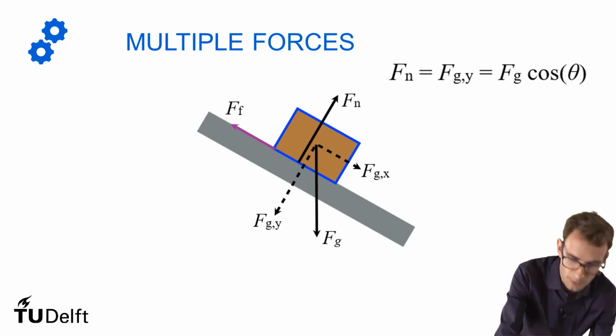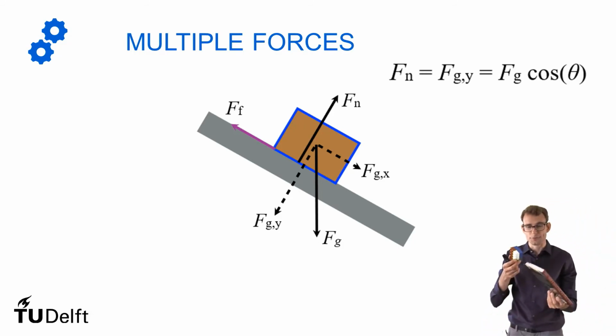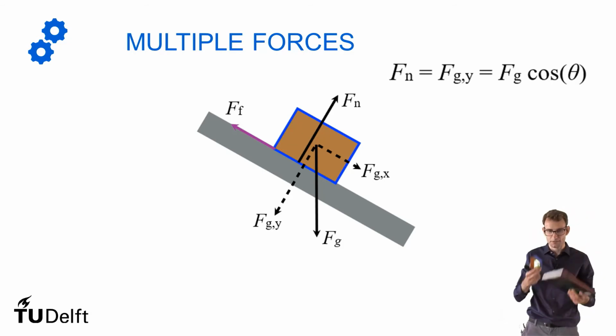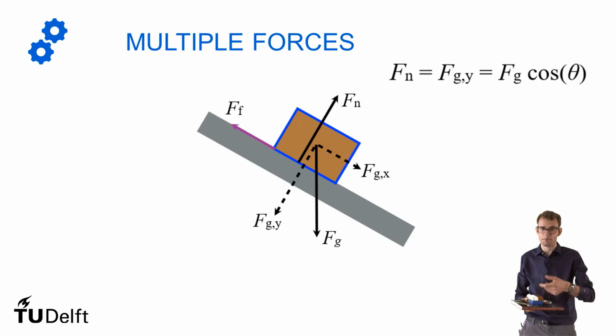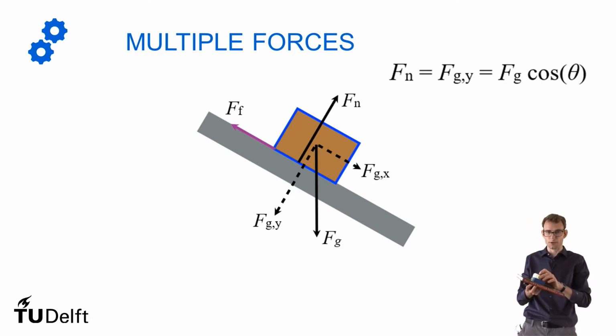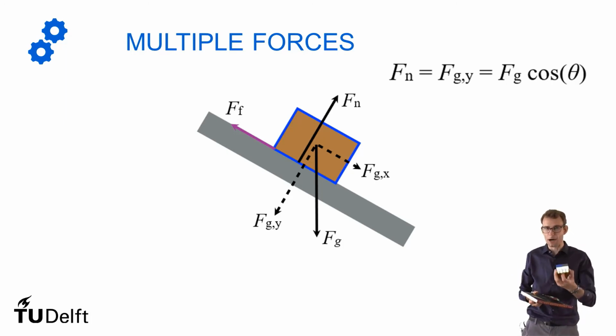So friction emerges when you have two surfaces, for instance the block and the book, that are exerting a force on each other. In this case, the normal force of the book on the block and the gravitational force that's causing the block to push on the book. And they are either already moving or about to get moving. That gives you a friction force.